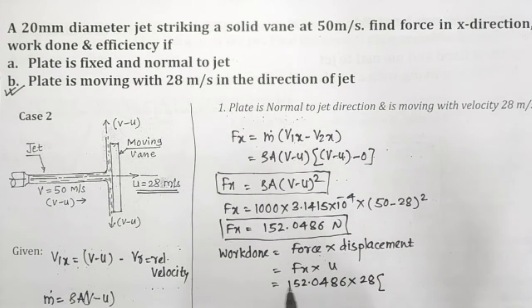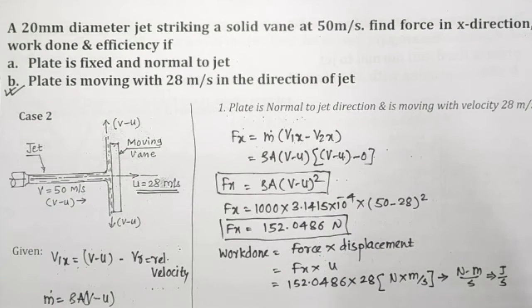Now see, the force is in Newton and the velocity is in meter per second. So Newton meter per second is equal to joule per second. So here we get work in joule per second, that is, in watts.